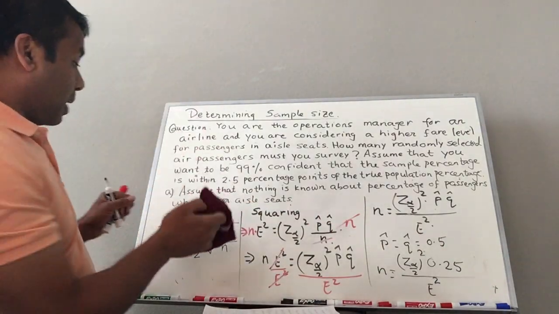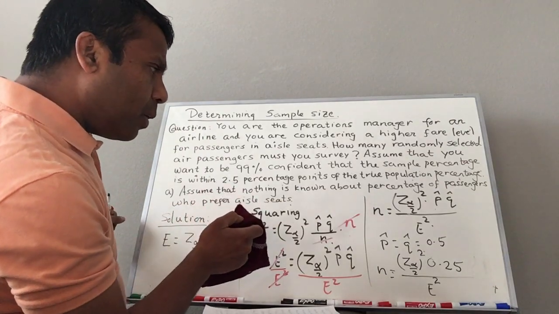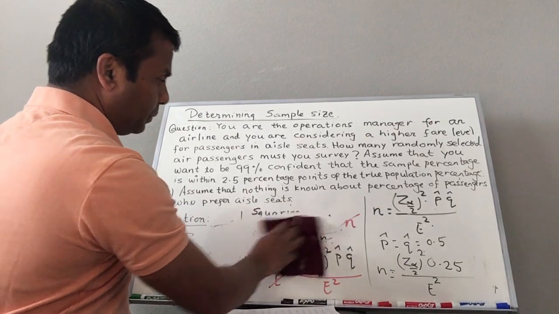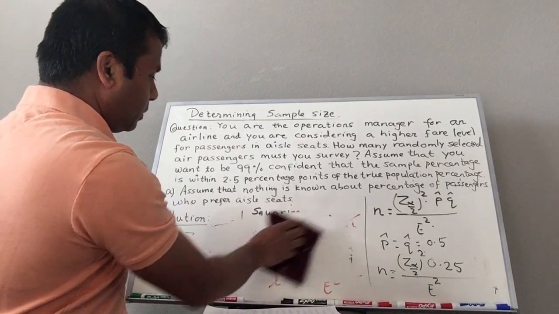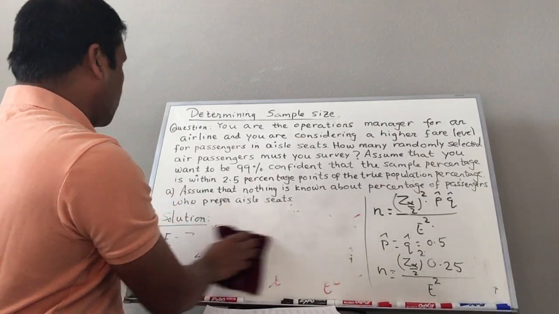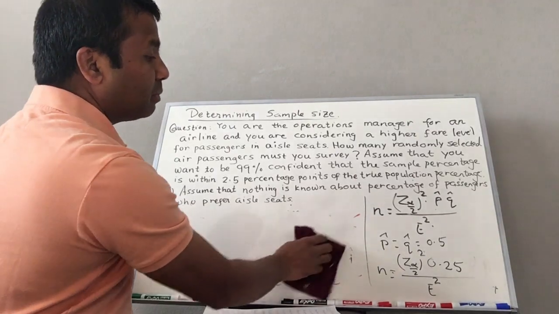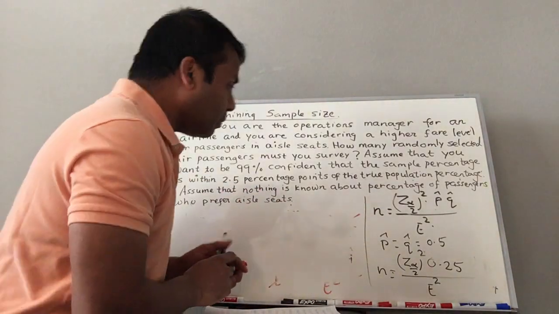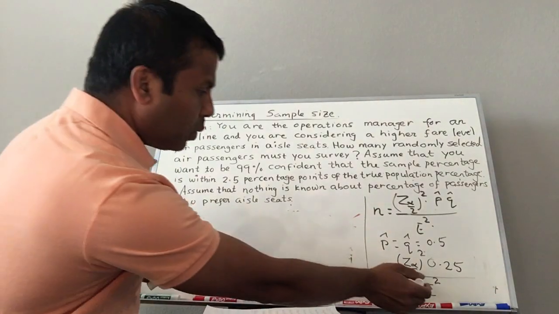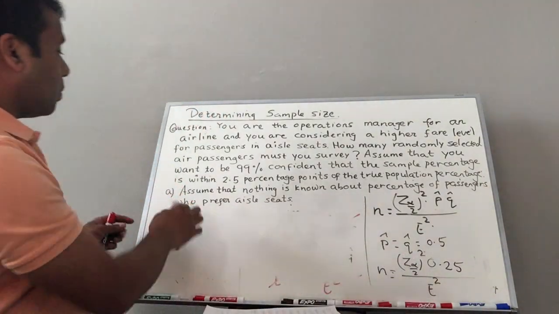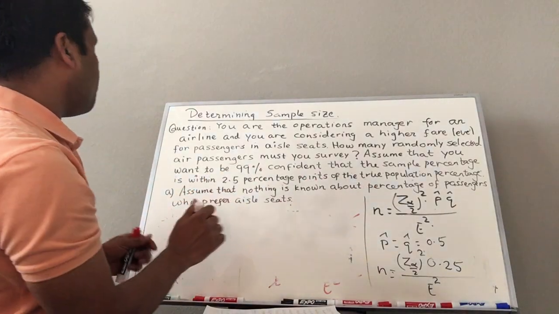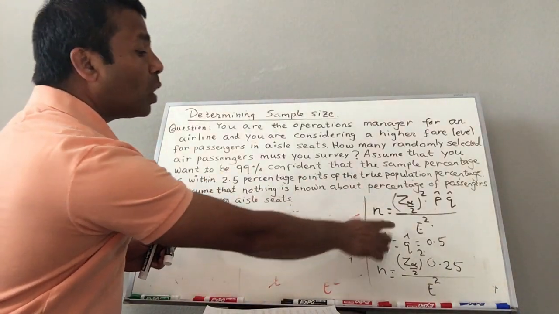So now let's apply this. What you need here is z alpha over 2 and the margin of error. Since nothing is known about the percentage of passengers, you don't know p hat.